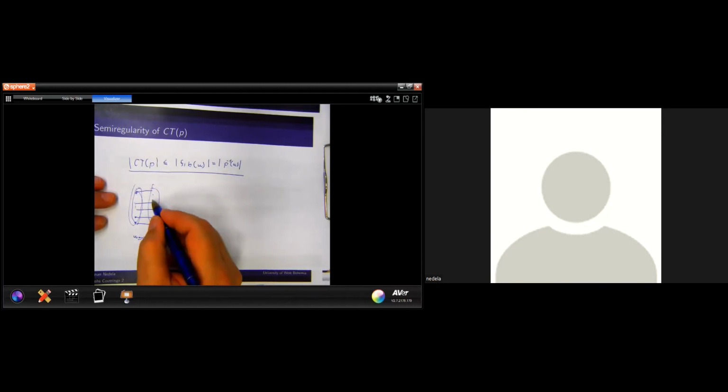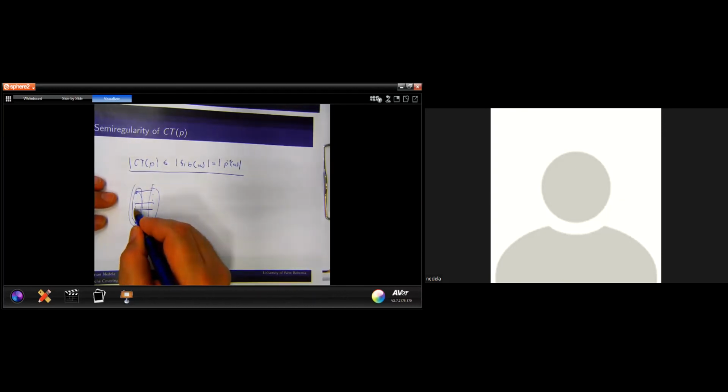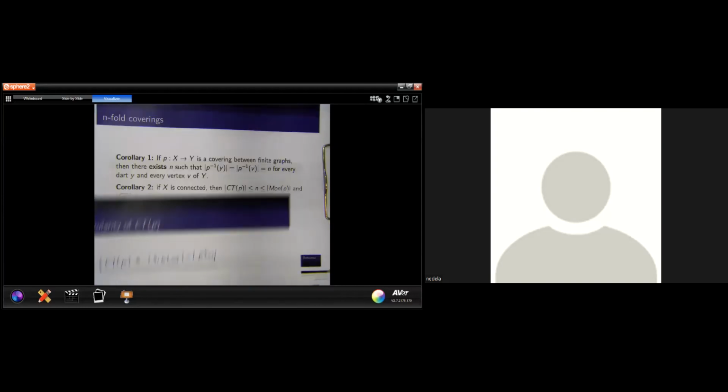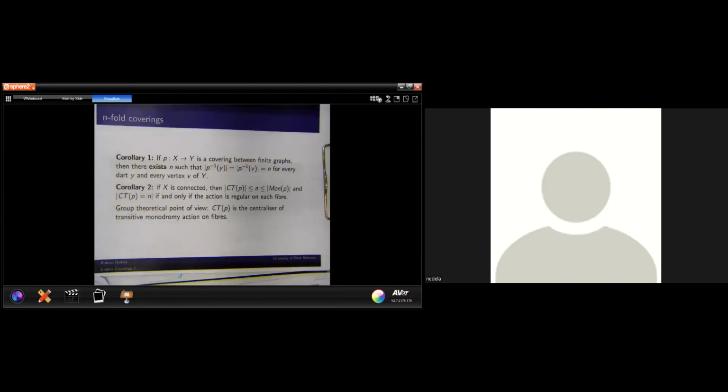So the size of this one is the same as the size of this one. And using connectivity of Y, we can extend this observation to the whole graph. Of course, sometimes it is useful to consider also infinitely folded coverings. So then it just says that if one fiber is infinite, then all the fibers are infinite.